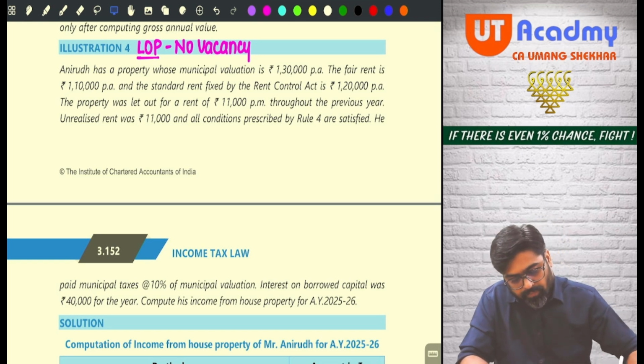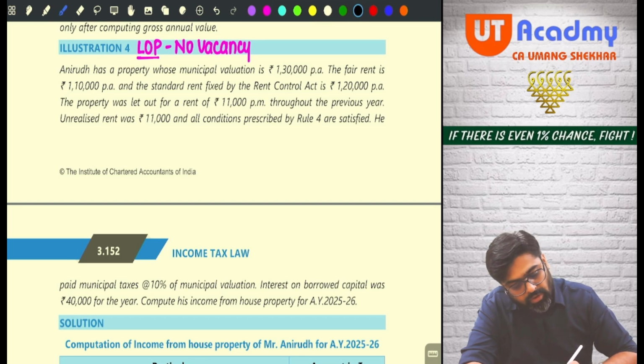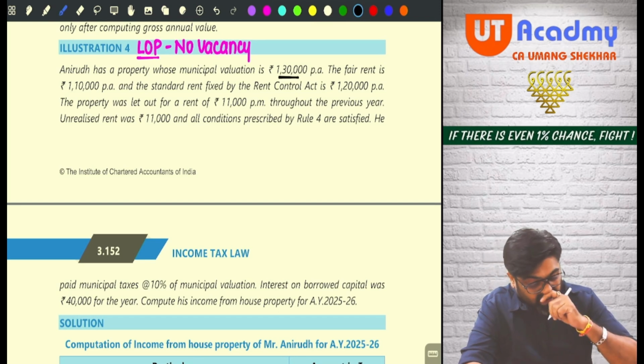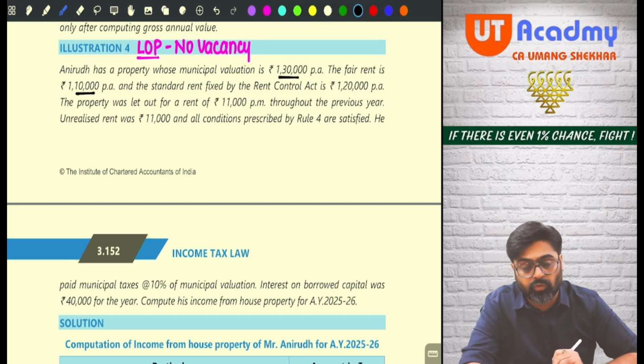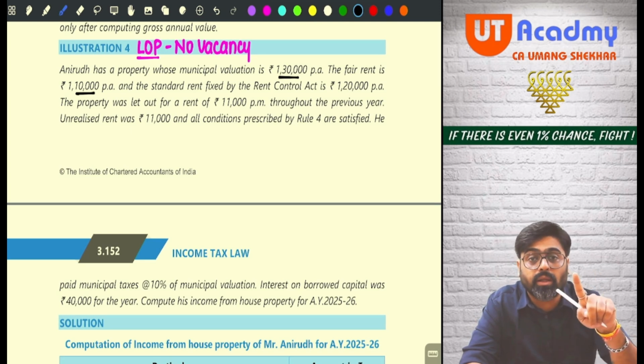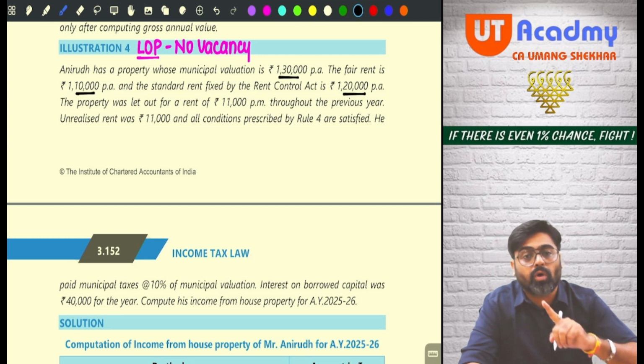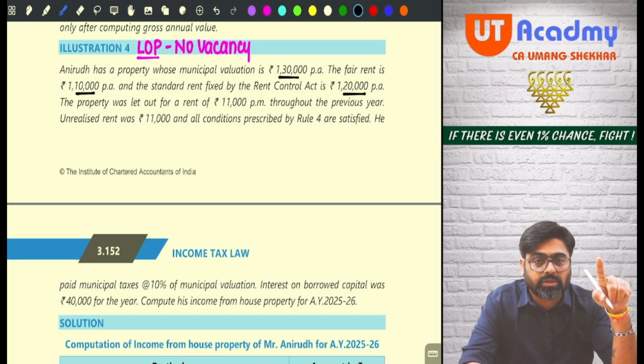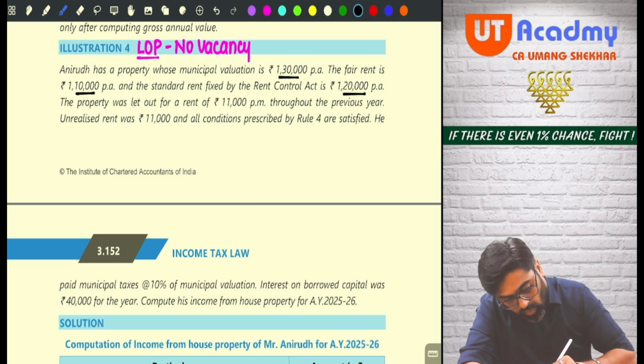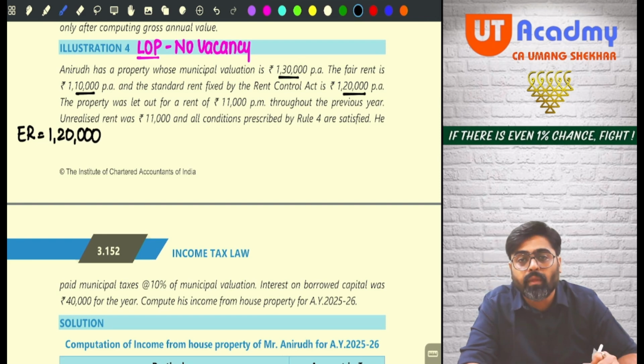What we are going to do, we are supposed to take municipal value 1,30,000, fair rent 1,10,000, whichever is higher, 1,30,000. Yes or no? Then we will take standard rent 1,20,000, so higher amount 1,30,000 or standard rent 1,20,000, whichever is lower. So can I say my expected rent here will be 1,20,000, friends, everyone.